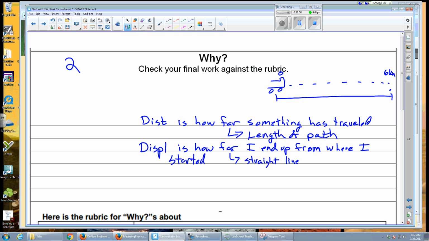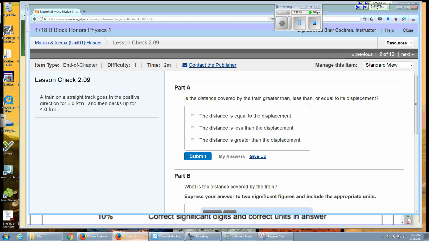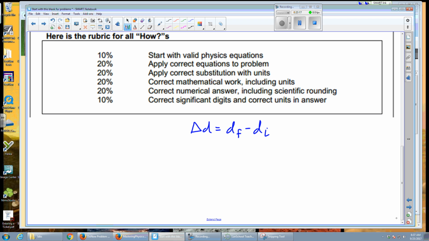And then it stops, and then it backs up a distance of 4 kilometers. What did they ask me first, distance or displacement? Distance covered by the train. Okay, so the distance is going to equal 6 kilometers plus 4 kilometers, which gives me 10 kilometers.